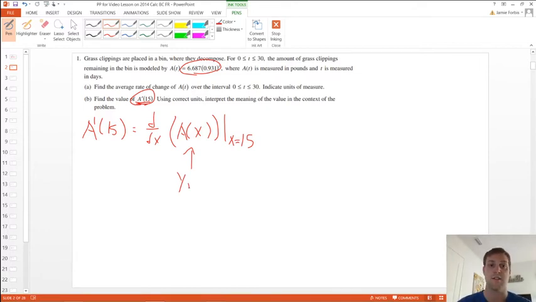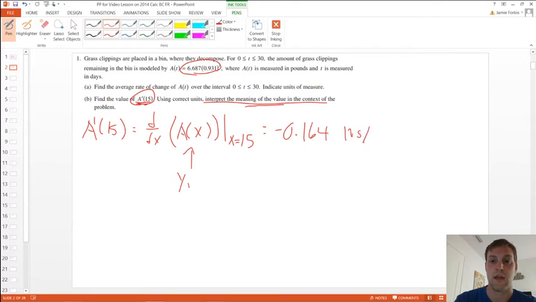It's calc active. It doesn't care that you can take the derivative. It just knows that you can find the value. I think it's mostly concerned with interpreting the meaning. So when I type this in the calculator, I got negative 0.164. And well, I guess pounds per day if you want to give some units of measurement there.